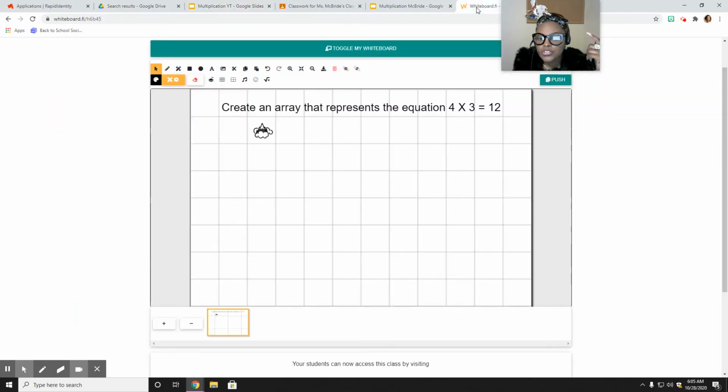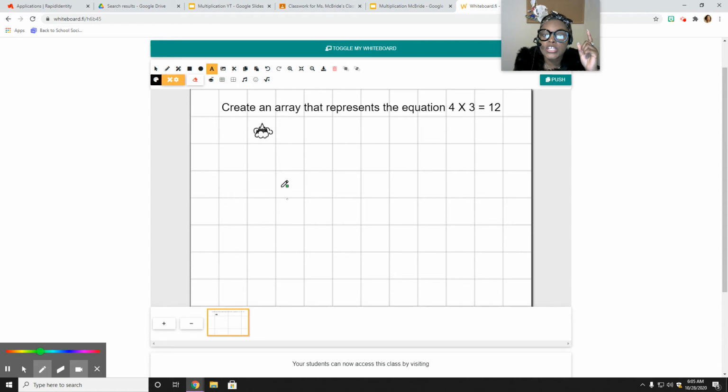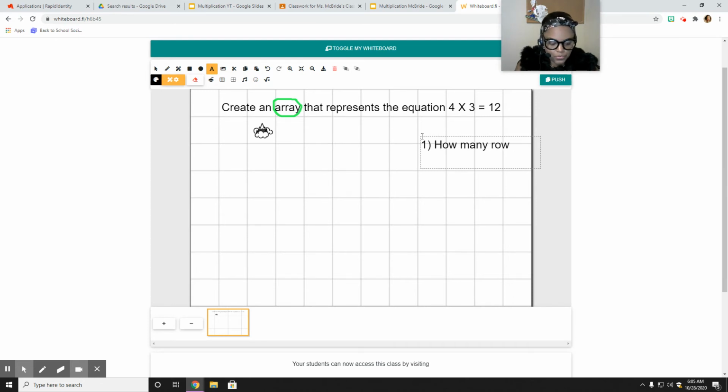So my instructions are create an array that represents the equation 4 times 3. What's the first question we always ask ourselves when we see the word array? When we see array, there's 2 questions we always ask ourselves. And that is, how many rows? And then the second question is, how many columns?